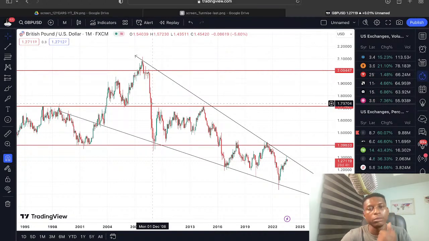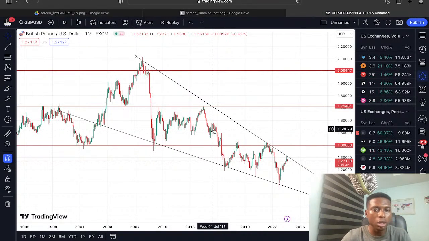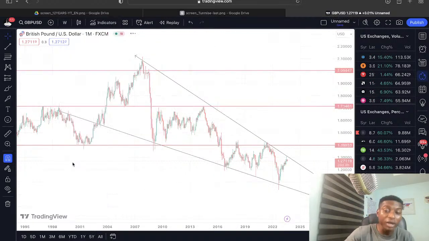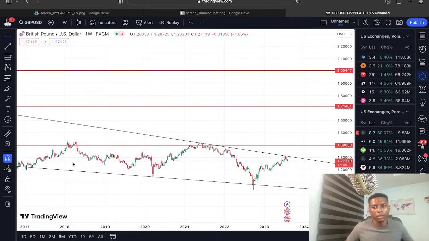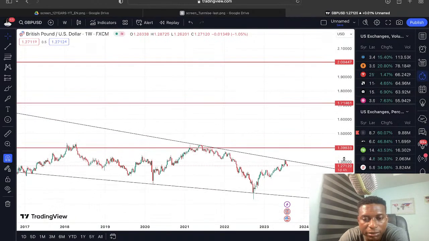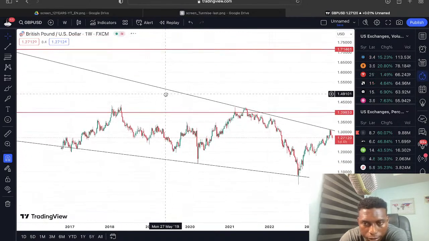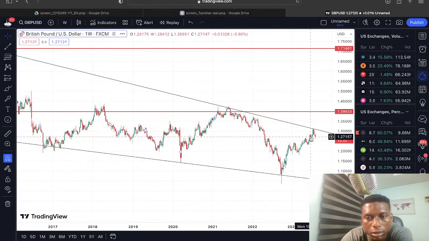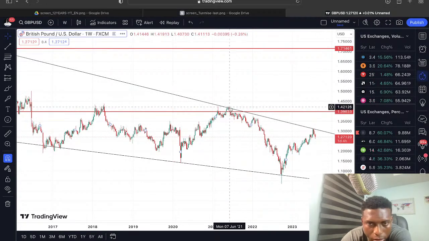Now let's look at this on a lower time frame, like the weekly time frame. So you can see here that on the weekly time frame, it has touched the edge of this trend line.